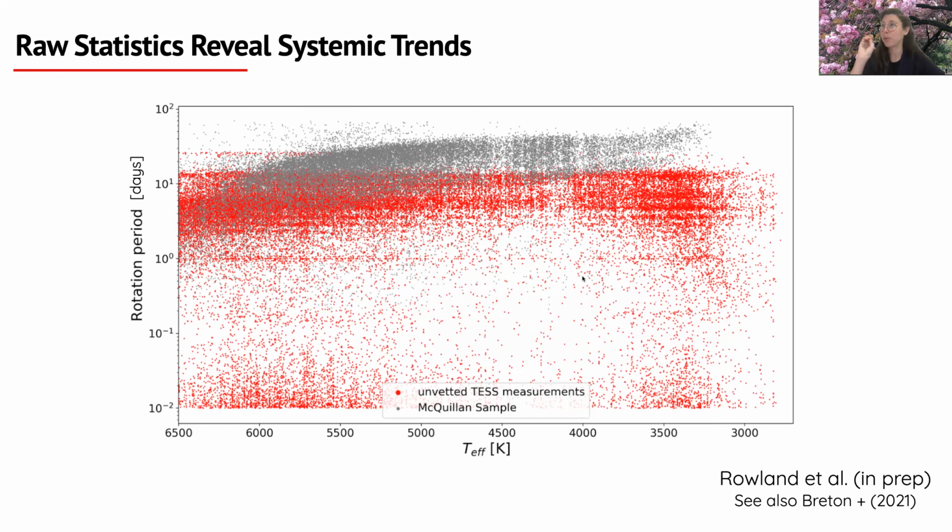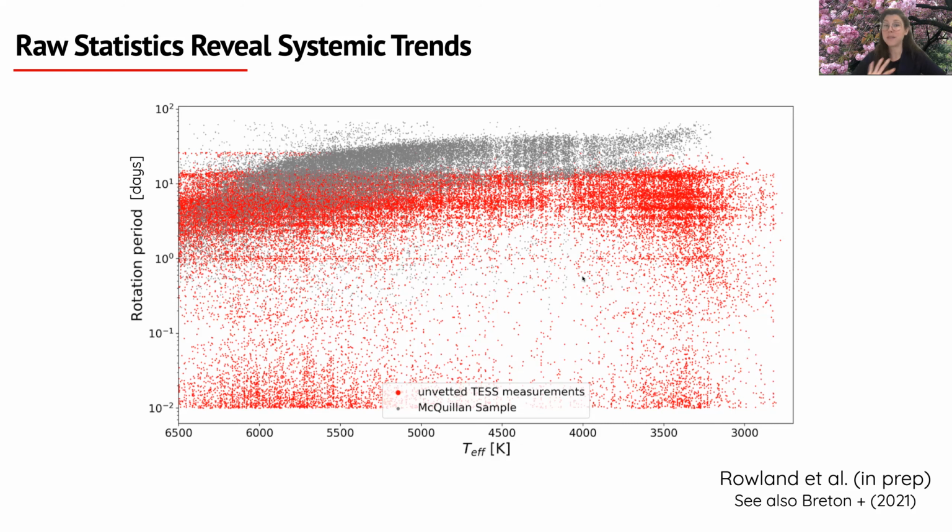So these are points that are just the period of highest power in the periodogram. And you can clearly see that if you naively use these raw statistics, you are not just measuring rotation periods of stars, you are also recovering systematic trends. So it's really key to apply vetting.